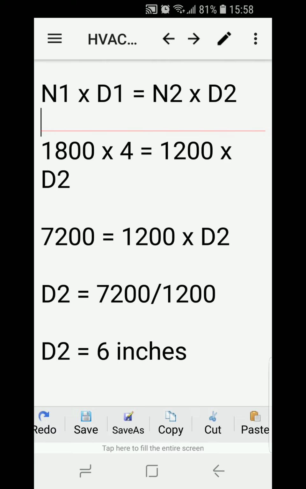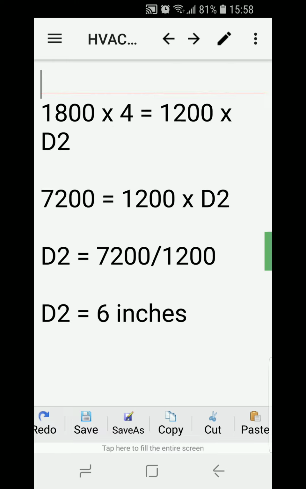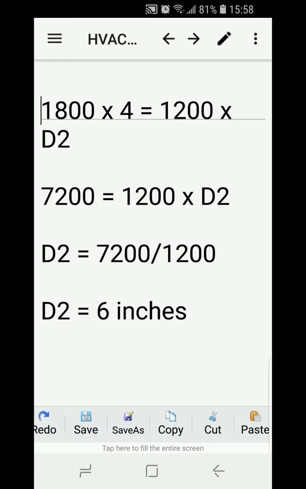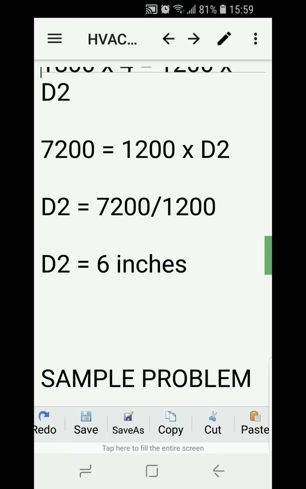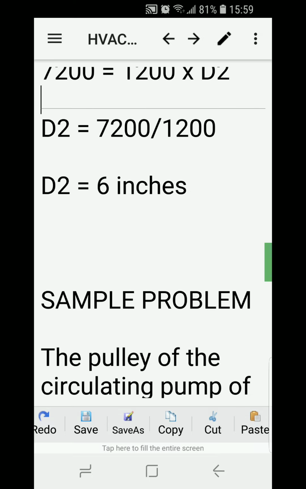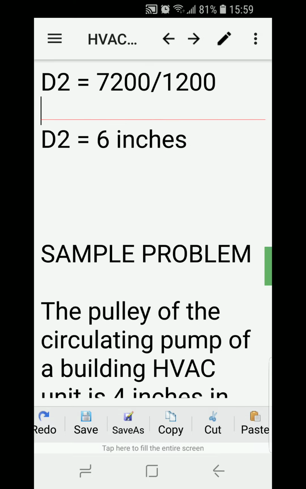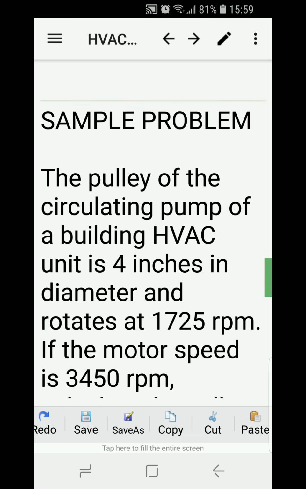So smaller diameter means faster RPM, and bigger diameter means slower RPM. Okay, big diameter, slow RPM, small diameter, fast RPM. So inverse relationship of RPM and diameter, inversely proportional.